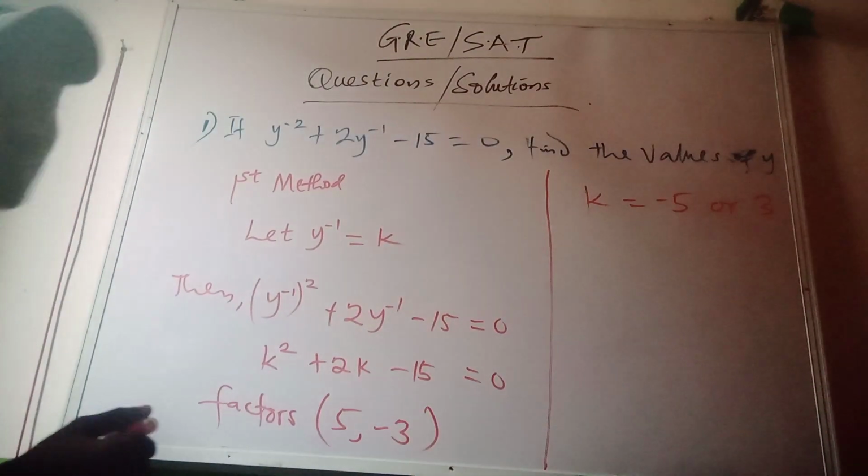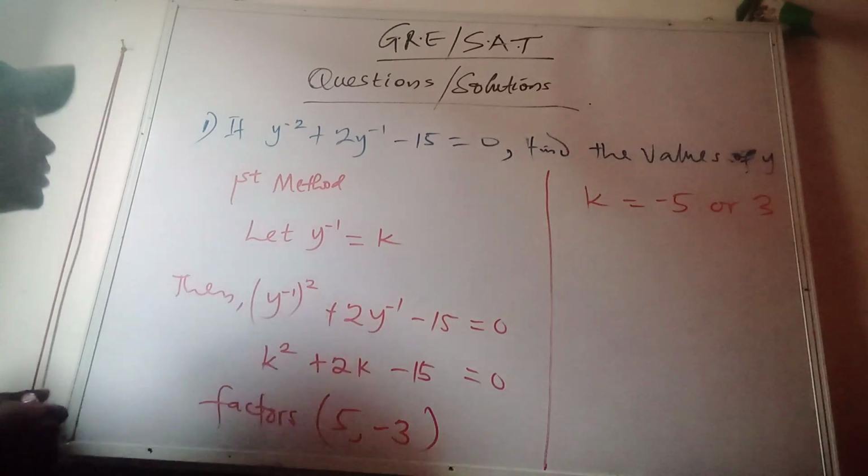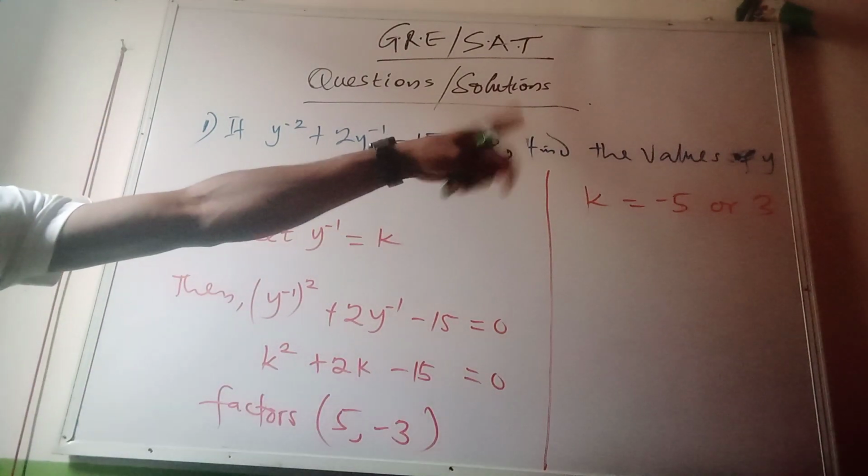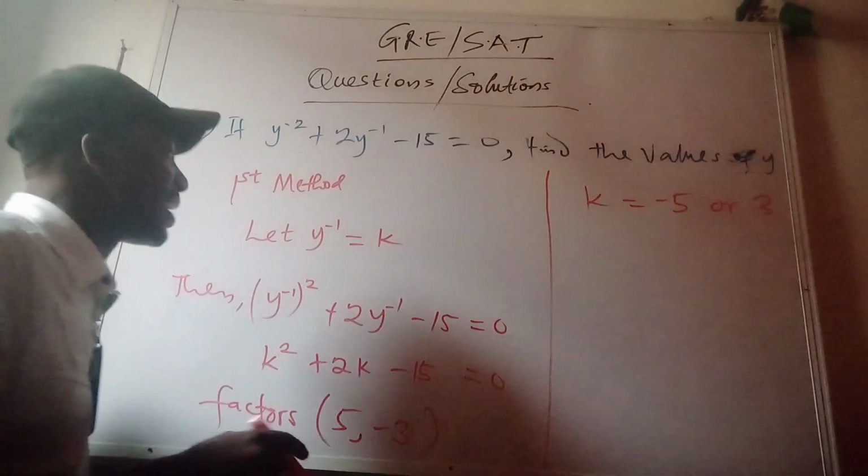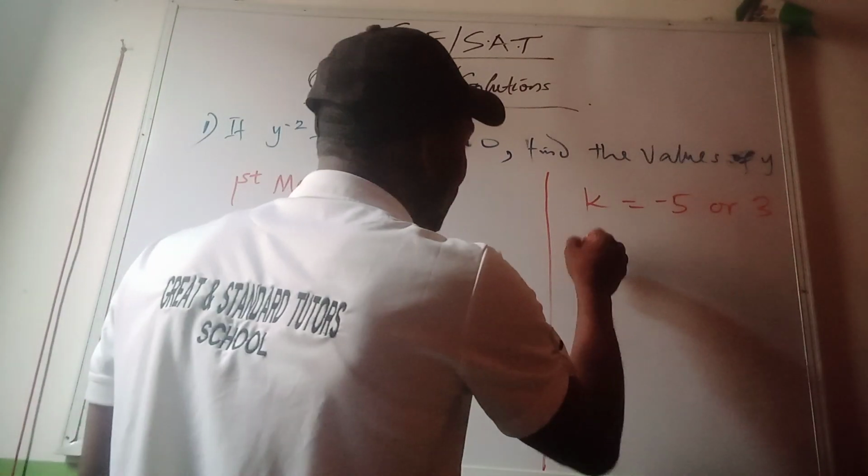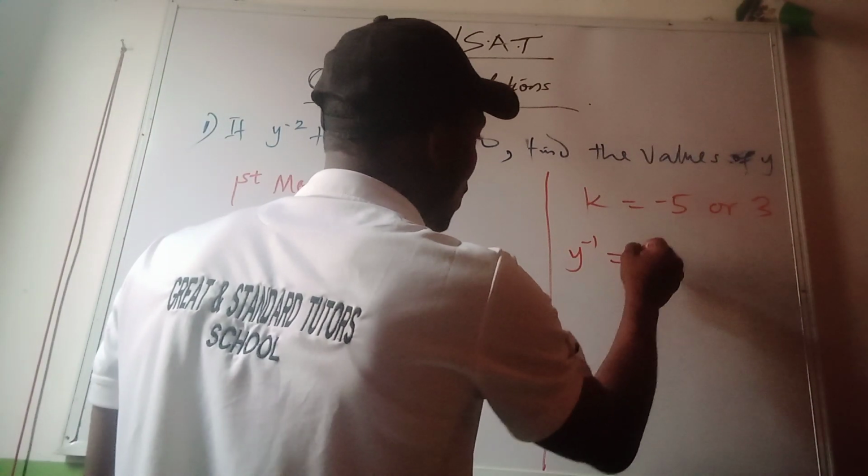If that is the case, I'm not looking for k, I'm looking for y. That is, find the values of y. I'm looking for y, but I shouldn't forget that y raised to power minus 1 is equal to k.